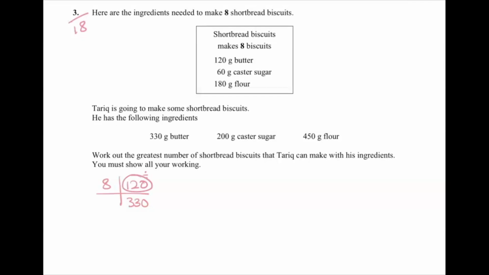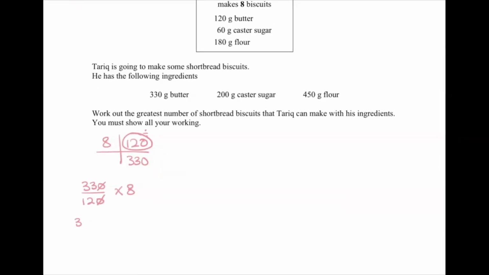I can divide 330 by the 120 or the 8 by the 120. And I'm going to set the 330 divided by the 120 up because obviously they both have that 0, which means I can straight away cancel this down to 33 over 12. And I times through by the 8. So I'm going to times through by the 8 first.